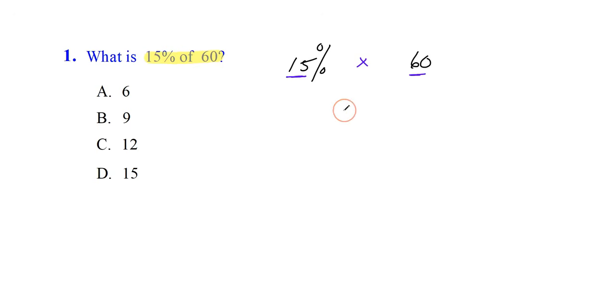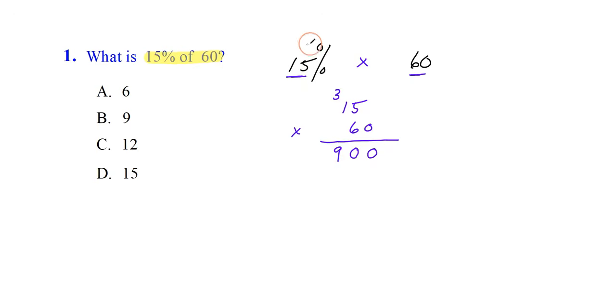15 times 60, and I'll write it in column form, like so. I'll worry about the percent sign later. So, to multiply this, bring down your 0. 6 times 5 is 30. So put your 0 here and your 3 here. 6 times 1 is 6 plus 3 is 9.